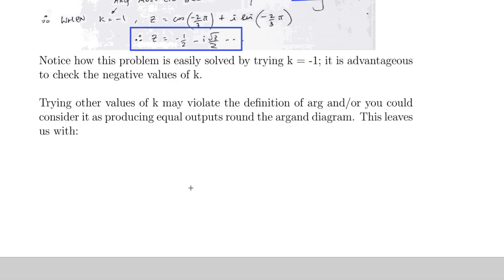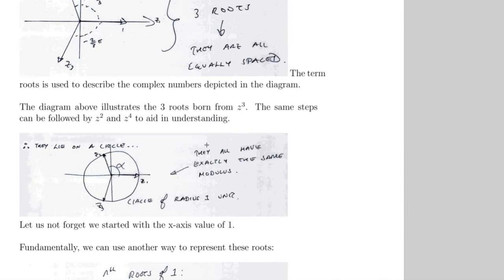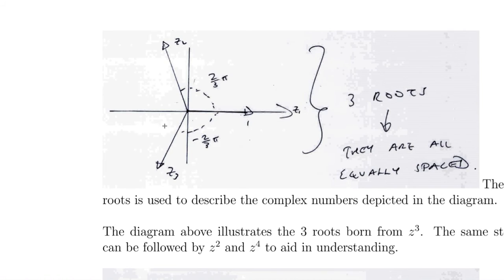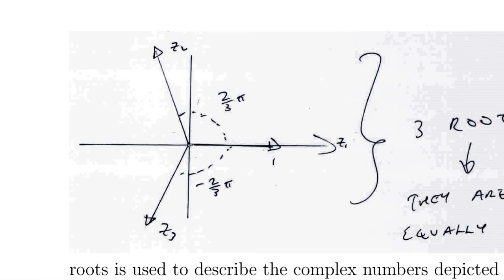This leaves us with, and I believe this takes us to my next page, this diagram here, which we can analyze in a bit more detail. So there is our 1. You can see there's the one we found. We've got the one that we found second as a result of k equals 1. This one was k equals 0.